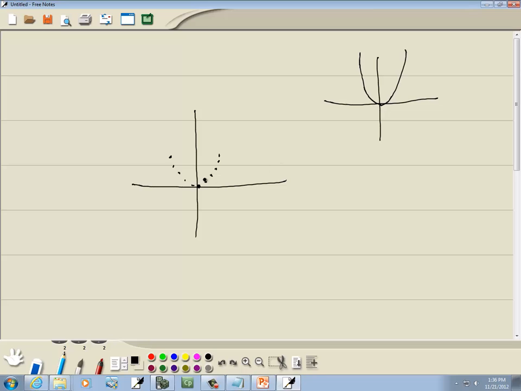Or is it? Maybe this is our graph. We just didn't plot enough points to get that picture. Maybe our graph goes up like this and comes back down over here at x equal to 1,000.